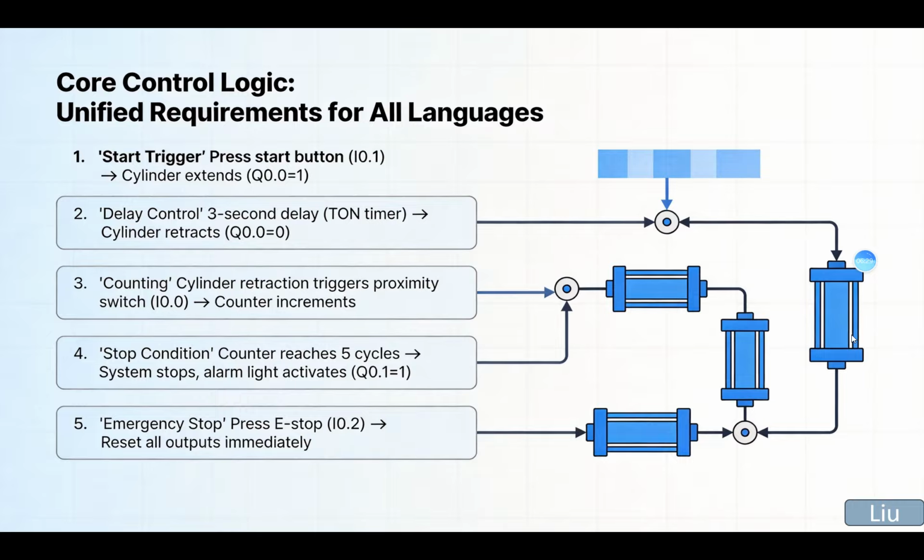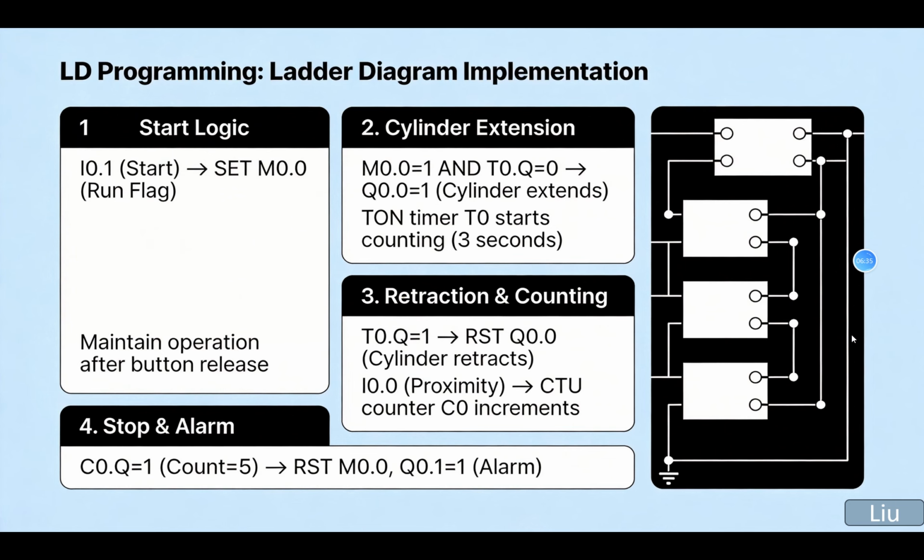Then the stop function, and then the fifth is emergency stop. Okay, so you can see the LD programming easily. Step 1 is start logic, then cylinder extension, then retraction and counting. The last one is stop and alarm.